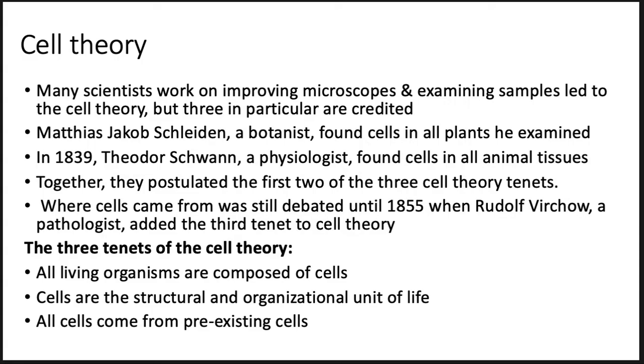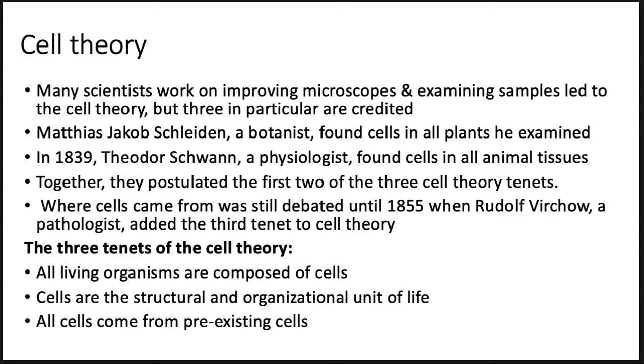So they both saw, okay, most living things that we know about are either plants or animals, and they all have cells, right? And that came together with Virchow, remember, who said that all cells come from pre-existing cells, but he didn't have proof of that.